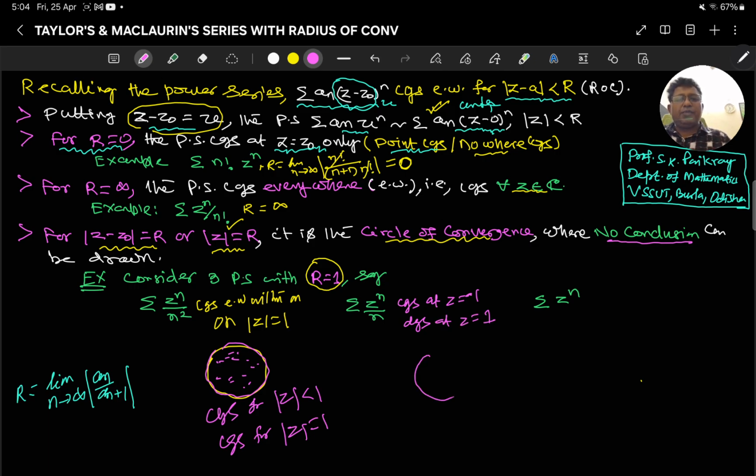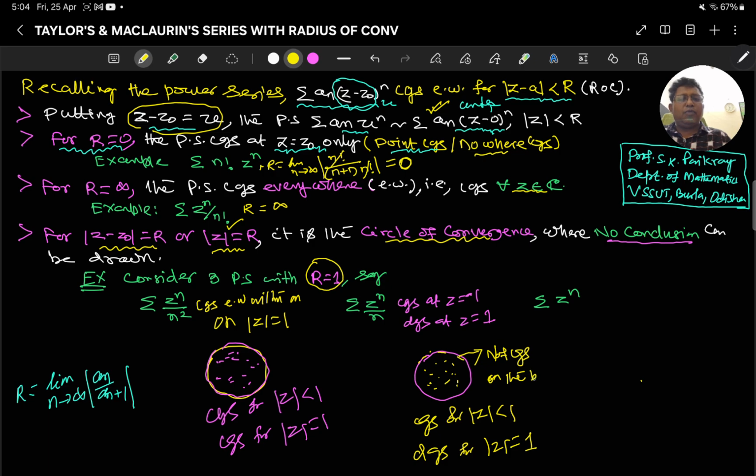So if you consider this circle of convergence, here R is equal to 1. It converges for |z| less than 1, and diverges for |z| equal to 1. So on this boundary, it does not converge on the boundary.